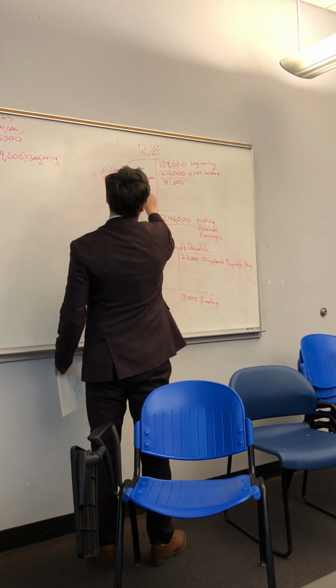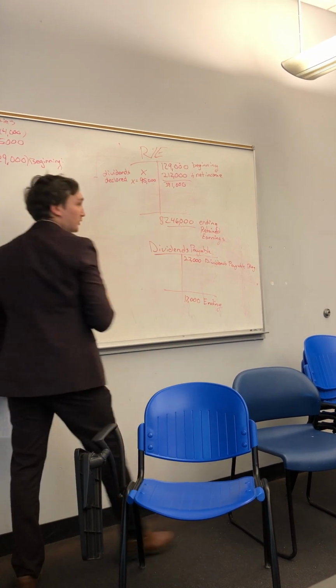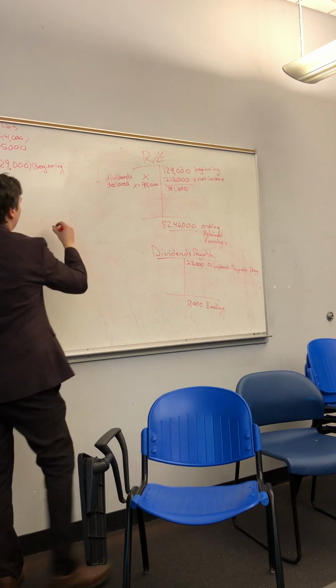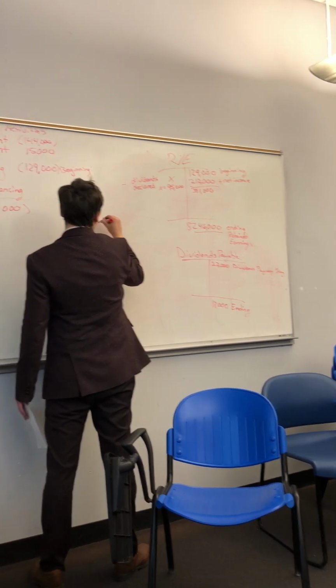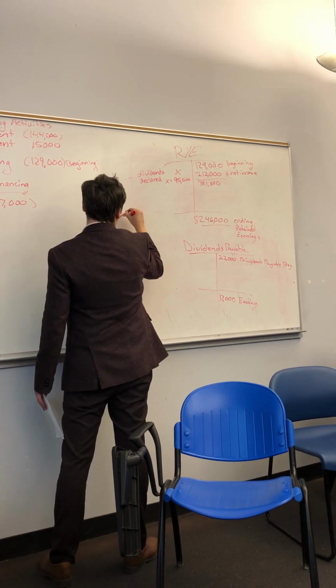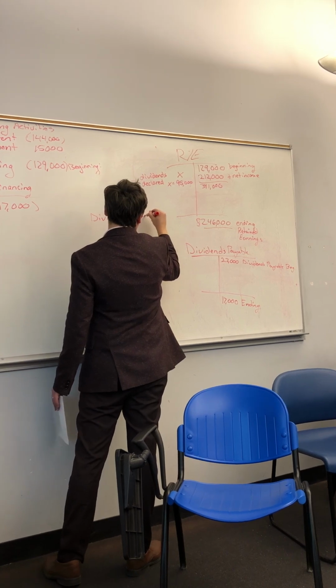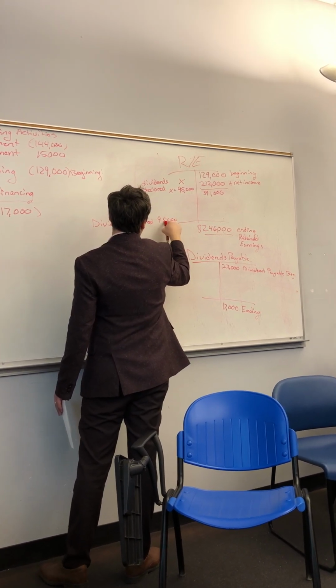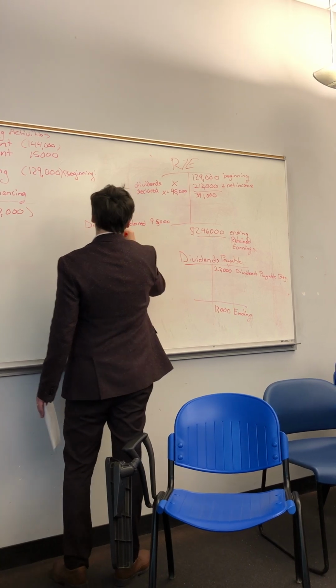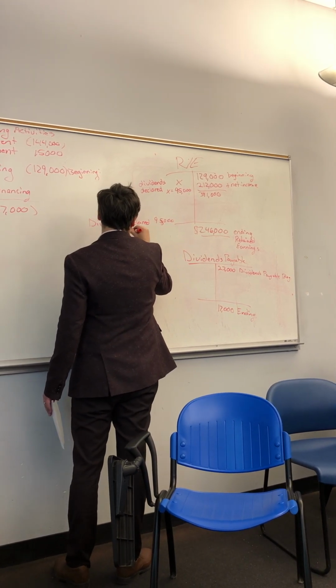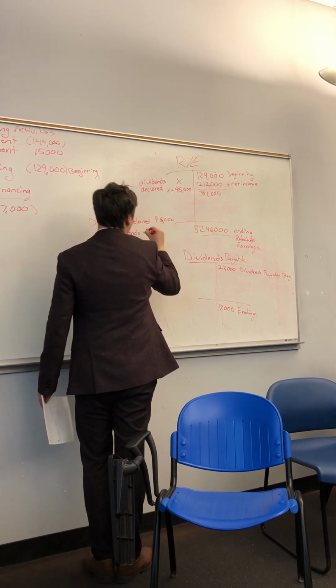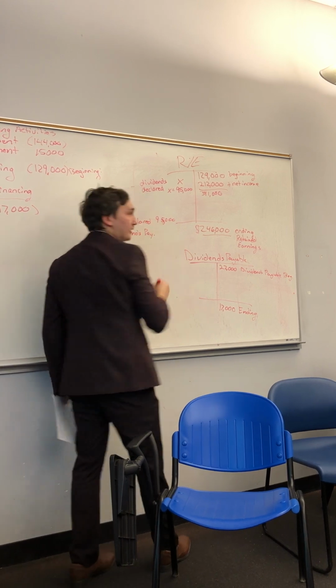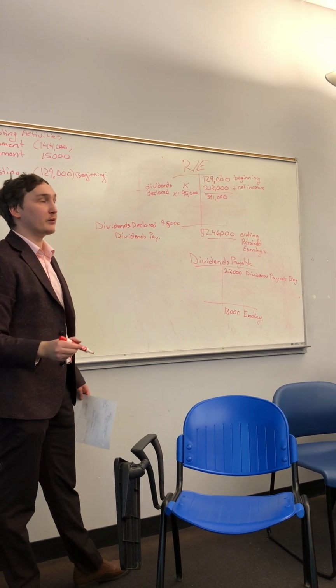So we declared $95,000 of dividends. When we declare a dividend, the journal entry is debit dividends declared 95,000, and then we credit dividends payable, because we typically don't pay out the dividend instantly on the day that we declare it.